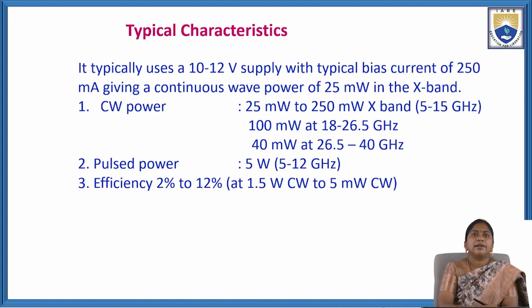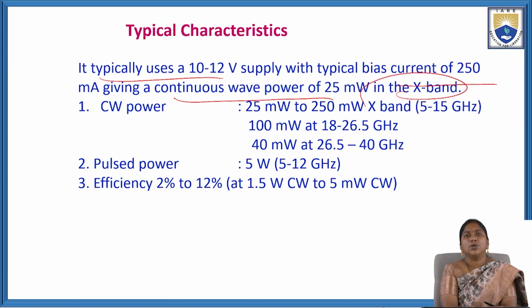The typical characteristics of the Gunn diode: it typically uses a 10 to 12 volts power supply with a typical bias current of 250 milliamperes, which gives a continuous wave power of 25 milliwatts in the X band.